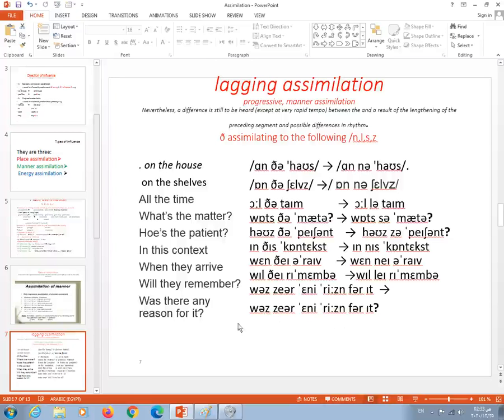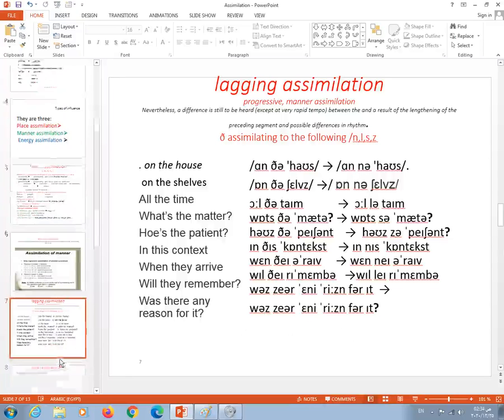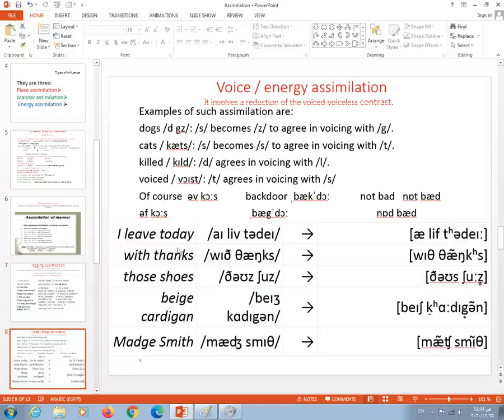Finally, we have a sort of assimilation which is called voice or energy assimilation, and here it involves a reduction of the voiceless consonant. Here we can have a consonant which is voiced turning into a voiceless one if it is surrounded by voiceless consonants, and vice versa.